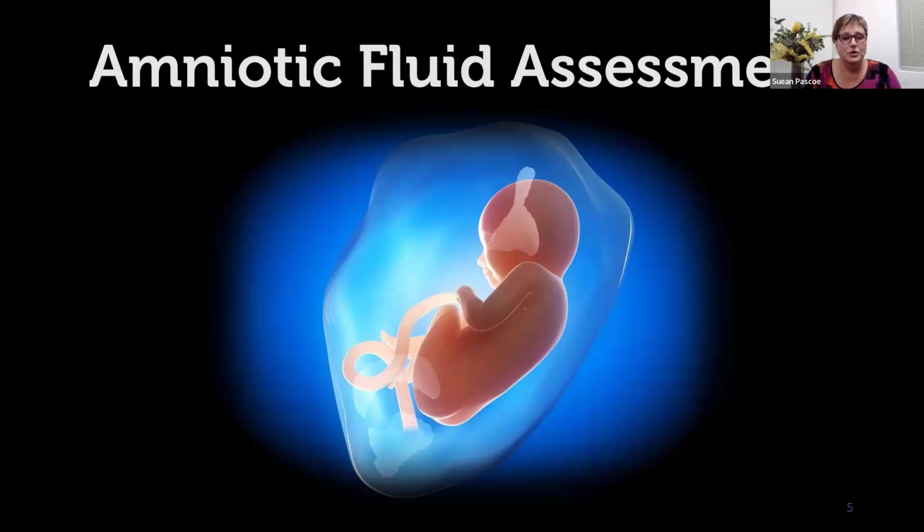If there's too much or too little amniotic fluid, it can be associated with increased pregnancy risks. The AFI will vary with gestation, and it tends to decrease in the third trimester, and especially after 40 weeks gestation. And there are three ways that you can do this. You can either look at it subjectively, you can do a maximum vertical pool, or you can do the amniotic fluid index.